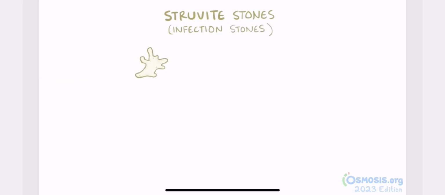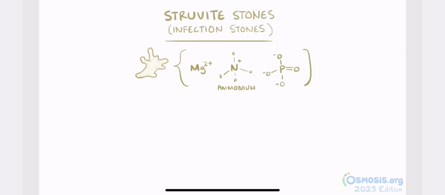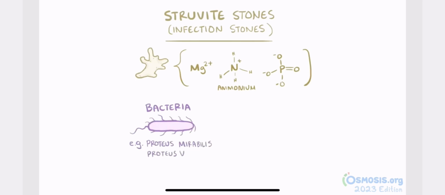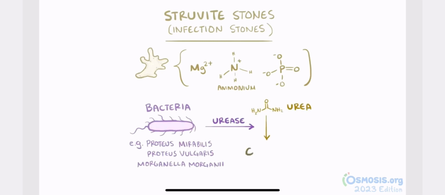A fourth type are struvite stones, sometimes called infection stones, which are a composite mix of magnesium, ammonium, and phosphate. These form when bacteria like Proteus mirabilis, Proteus vulgaris, or Morganella morganii use the enzyme urease to split urea into carbon dioxide and ammonia.